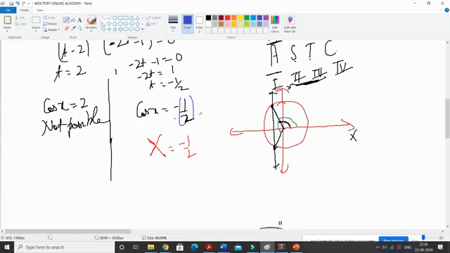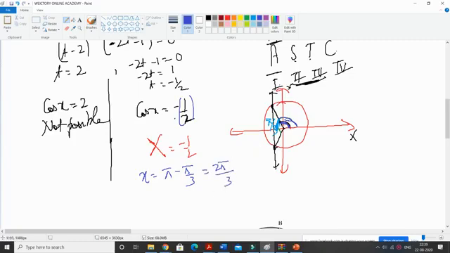So from here we know that this angle is going to be pi over 3, because you get cos as 1 over 2 at pi by 3, that is 60 degrees. We want this particular angle in the second quadrant, and if this is pi over 3, the answer you get is pi minus pi over 3, so that is 2 pi over 3.